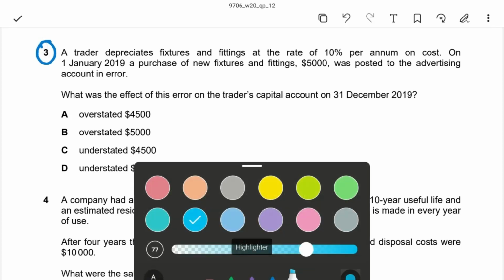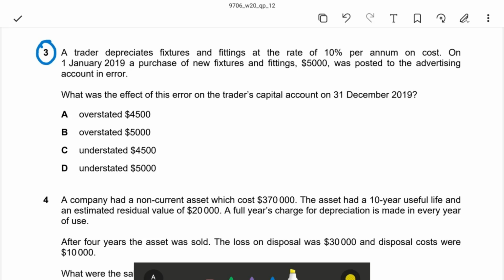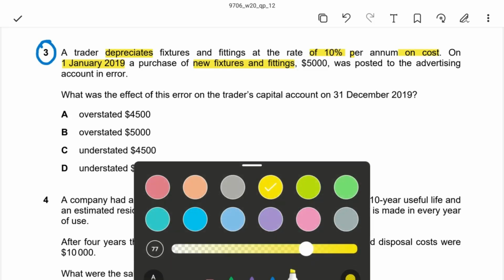A trader depreciates fixtures and fittings at the rate of 10% on cost, which means the straight line method. On 1st January 2019, a purchase of new fixtures and fittings was made.